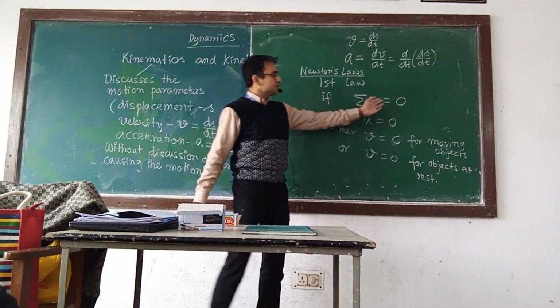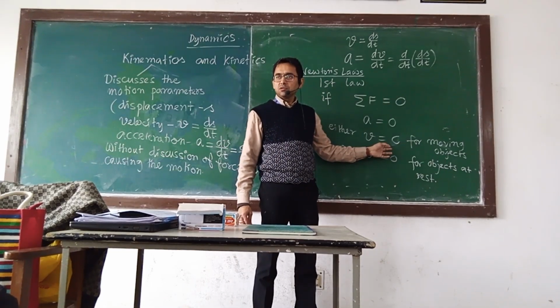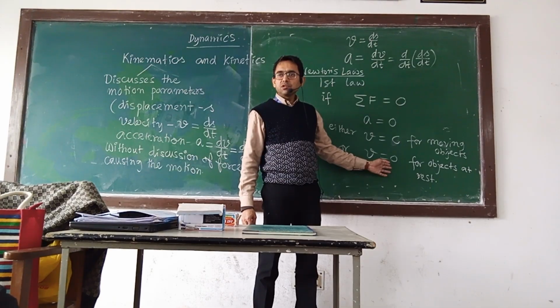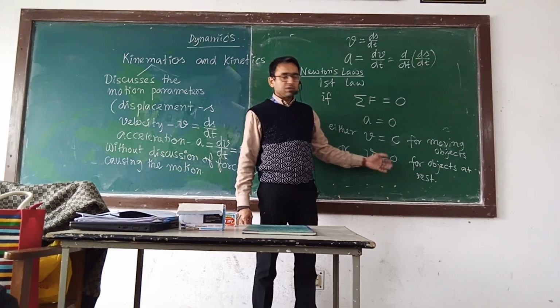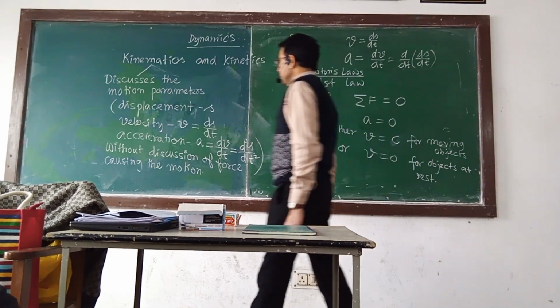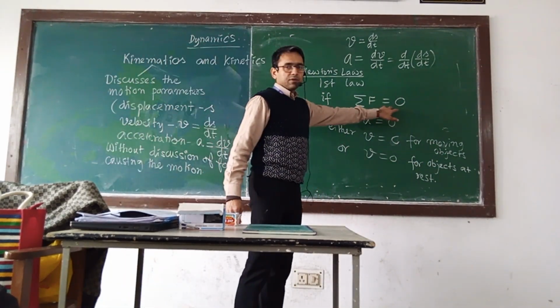So before application of force, if one object was moving, then it will move with constant velocity, and if one object was at rest, it will continue to be at rest. That is the first one. Okay. So this is important. Right?